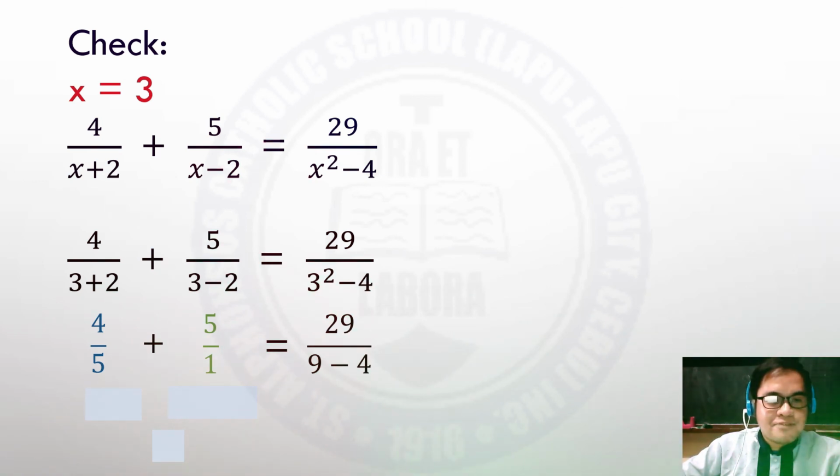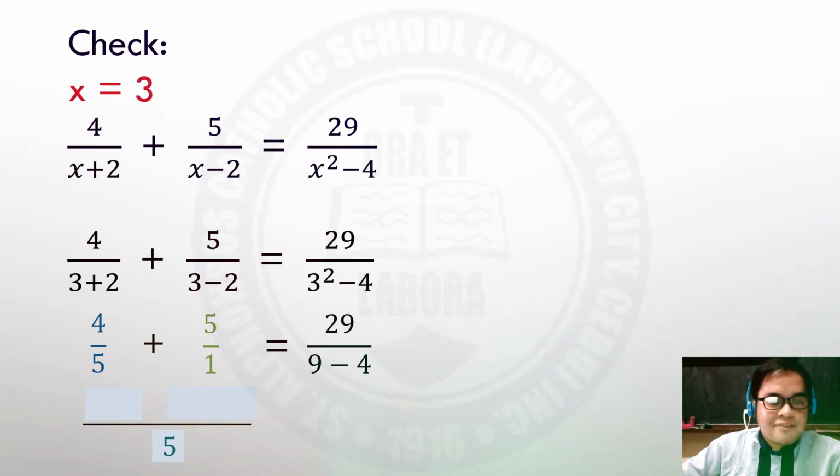Now let's simplify the left side of the equation first by getting the LCD. So the LCD of 5 and 1 is 5. Now divide this LCD by the denominator of the first rational expression, which is 5.